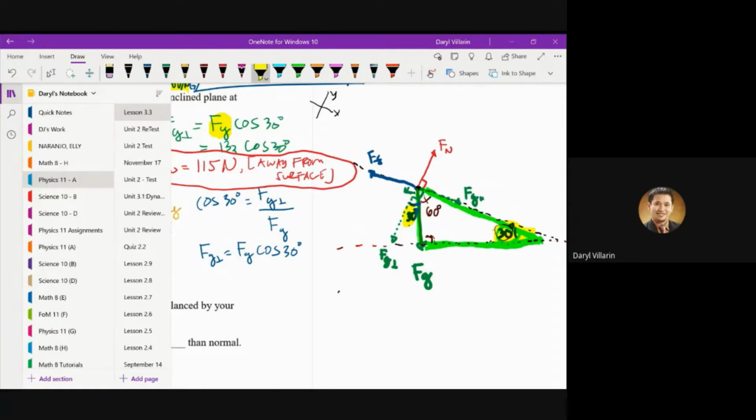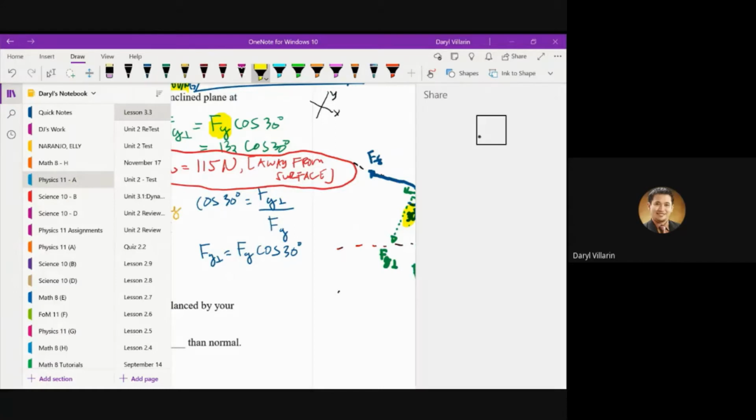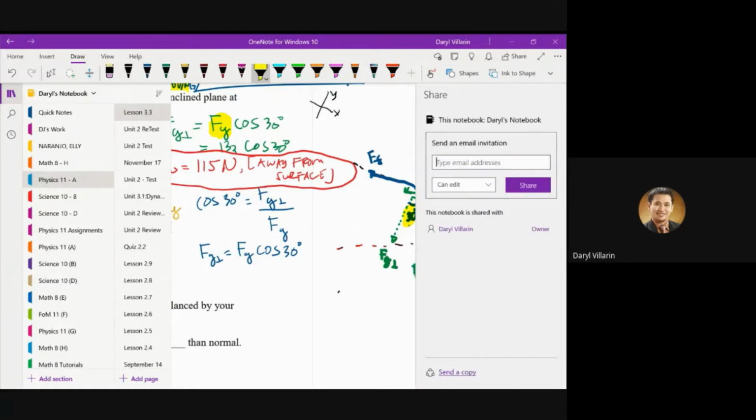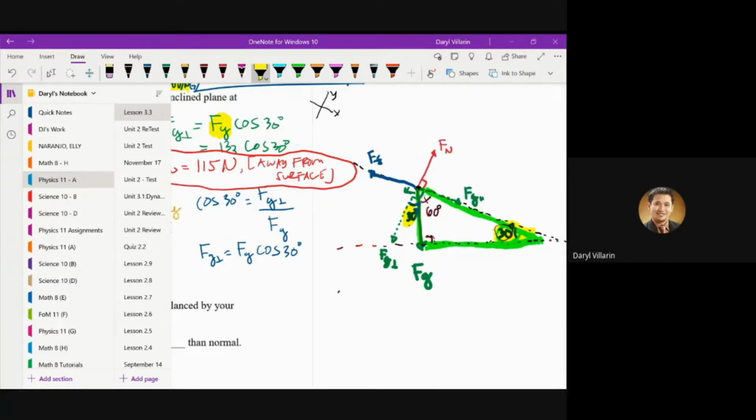So remember that if you're making the perpendicular force here of FG, the angle between your FG and that is 30 degrees. So remember, this is quite important because you want to get the components, the vertical component, or the perpendicular component of your FG and the parallel component of your FG.